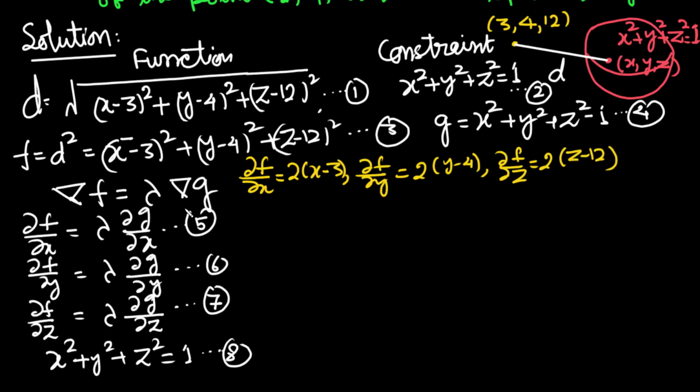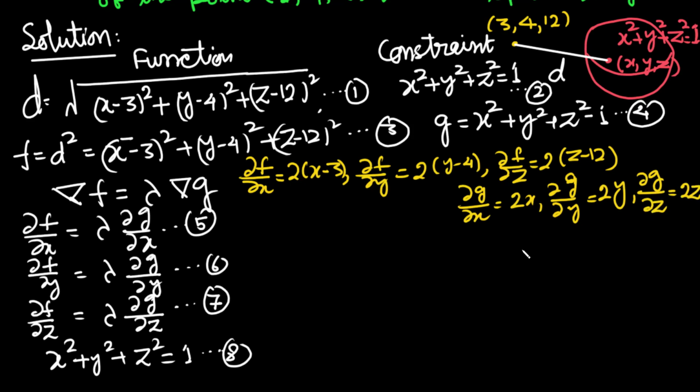And next we need the partial derivatives of the g function. So we have del g over del x equals 2x, del g over del y equals 2y. There is a symmetry in the function, and the partial derivative of g with respect to z is 2z. Now we plug all these partial derivatives into equations number 5, 6 and 7.